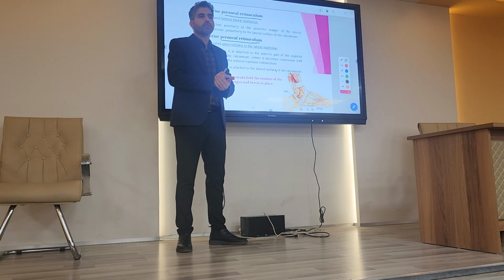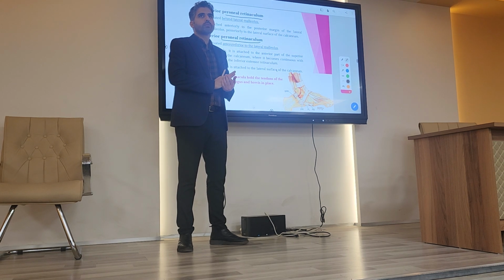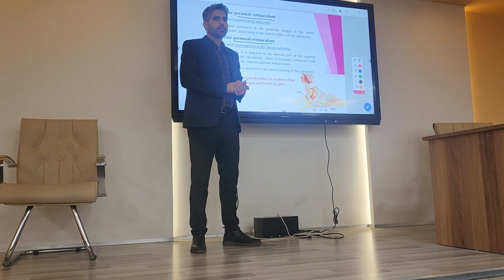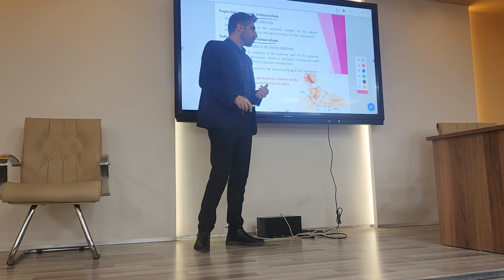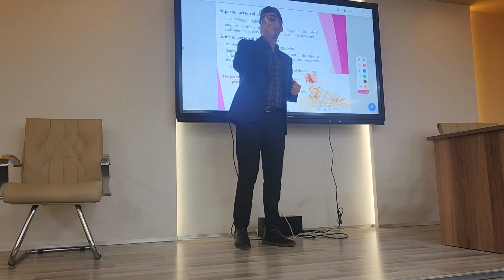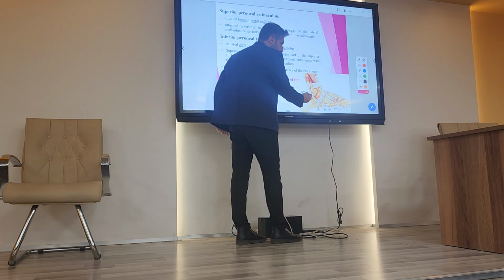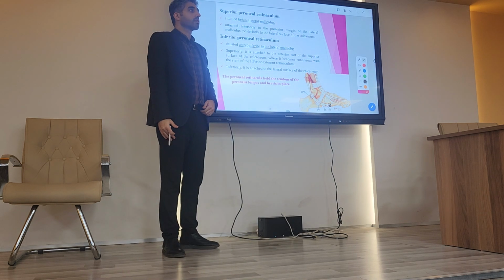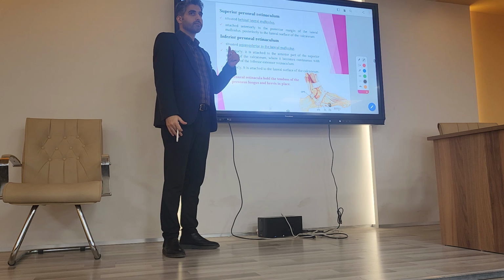Where is the insertion of these two muscles? Fibularis longus, base of metatarsal number 1. Very good. Base of metatarsal number 5, fibularis brevis. This is fibularis brevis, attached to the base. Two insertions. Pay attention.